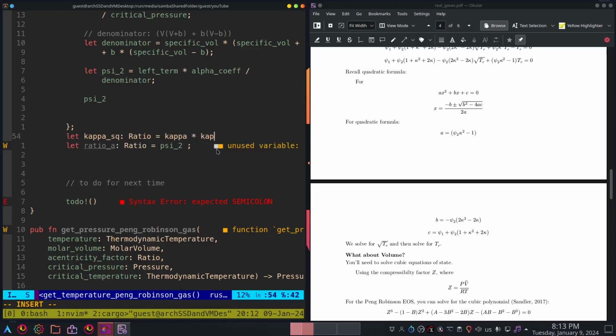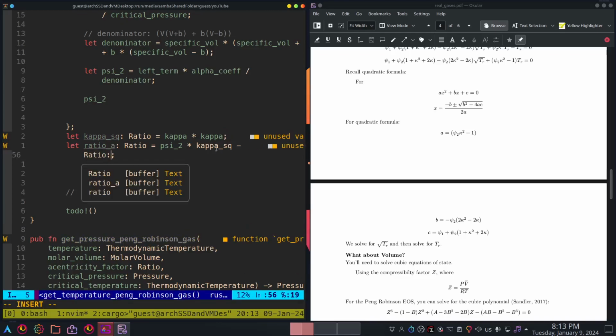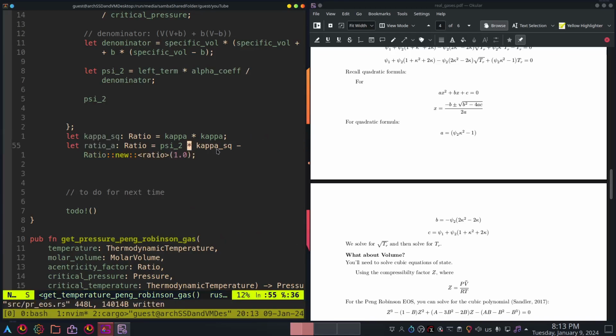Kappa times kappa. Okay, sci2 times kappa square minus 1. And I need to do this as a ratio, new ratio 1.0. So that's the ratio A.